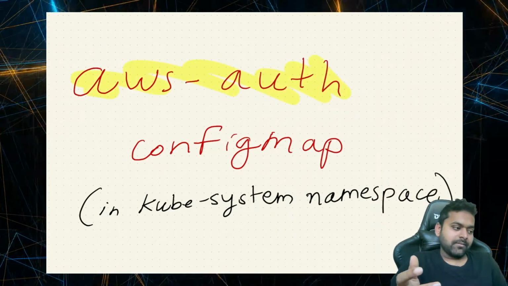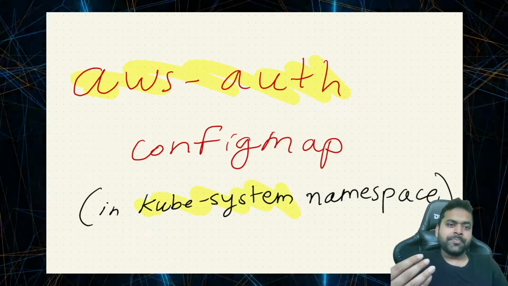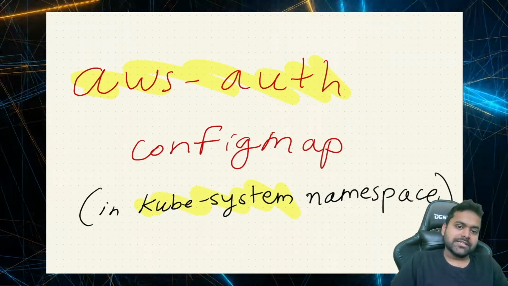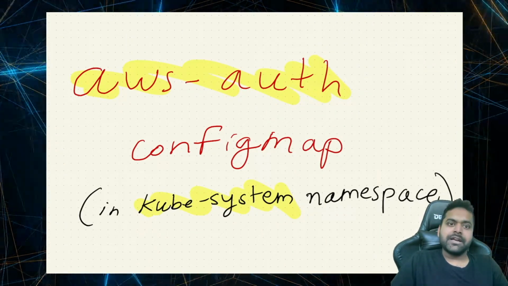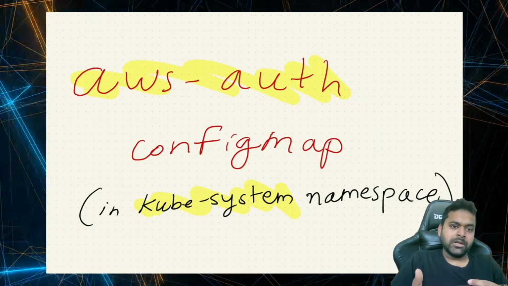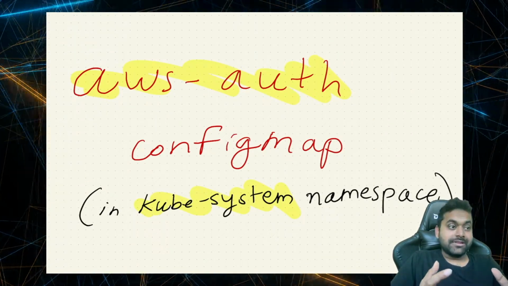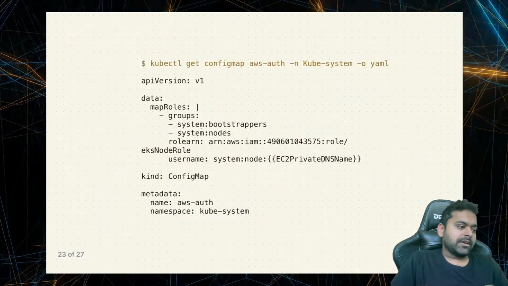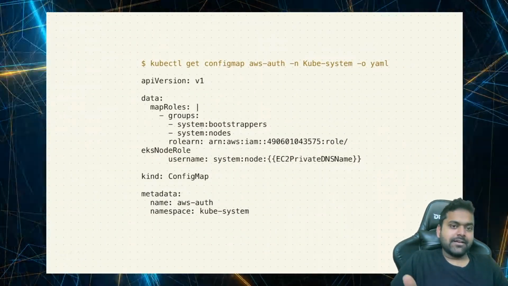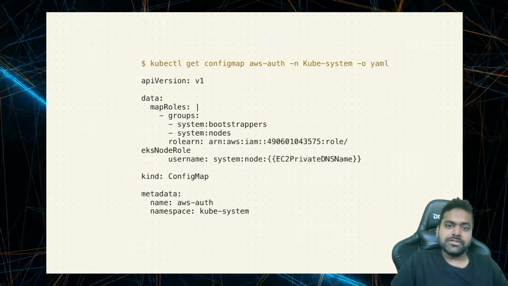Now this config map lives in the kube-system namespace. Once we jump onto the cluster, we will see how that config map looks like, where it is, and how we can manage the access, right? Now this is the important location for us, right? Now on the next slide we can see how this config map actually looks like.